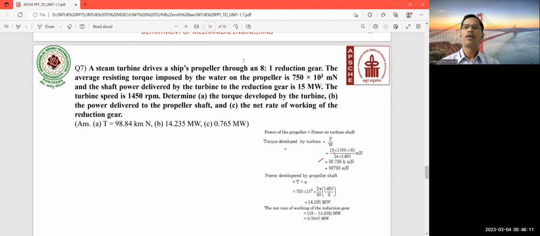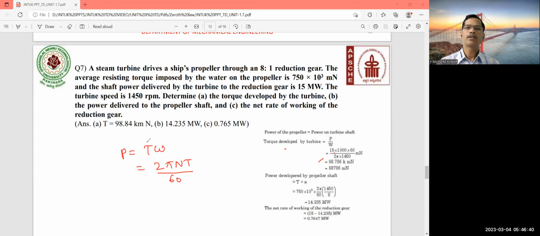See here, we all know that power is equal to torque into omega, which is 2 pi n into T divided by 60, right?